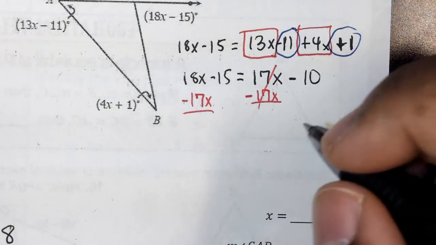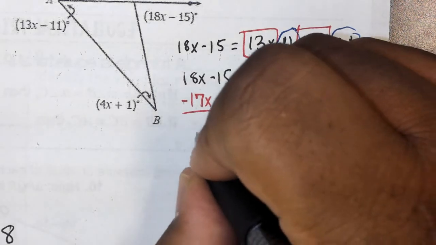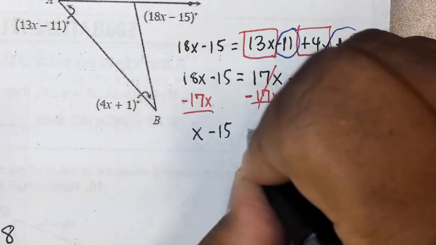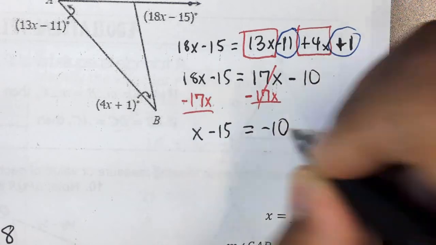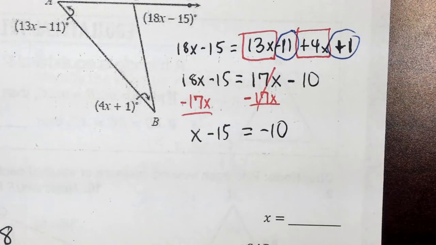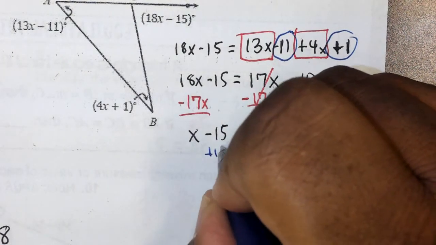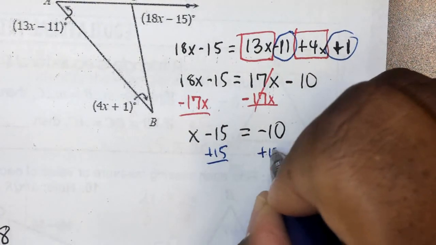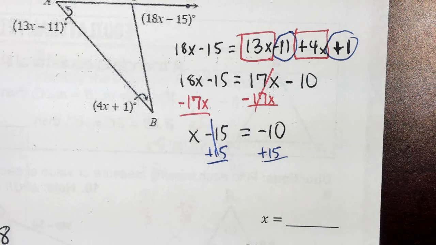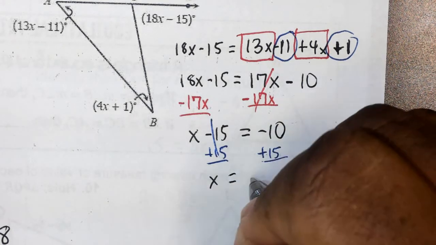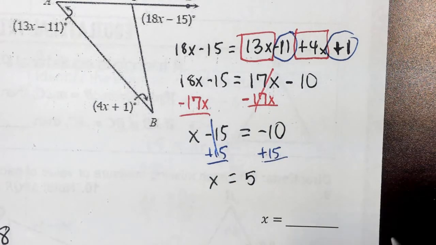Move 17. What's 18x minus 17x, Lucas? x minus 15 equals negative 10. And what's the last thing you need to do? Add 15, add 15. Cancels. x equals 5.